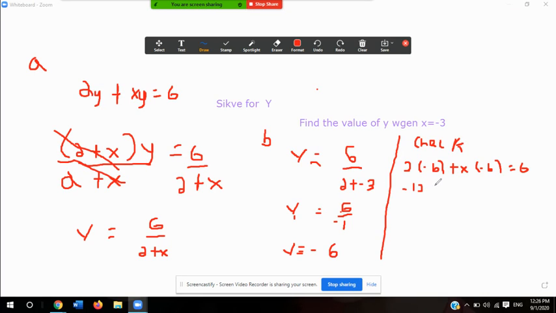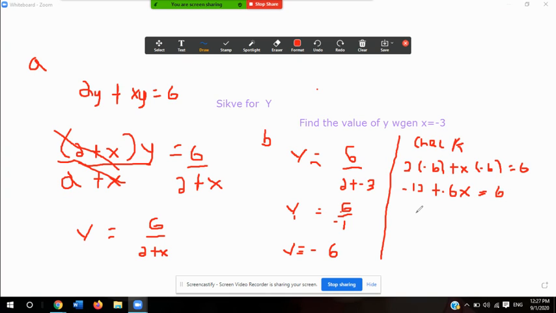And then, of course, this is plus -6x, which is the same thing, because -6 times x is -6x. If you wrote -6x, it's the same thing. It really will not make much of a difference. Equals 6.